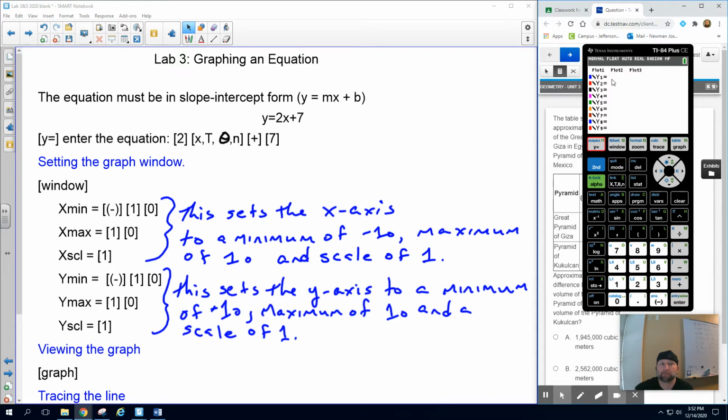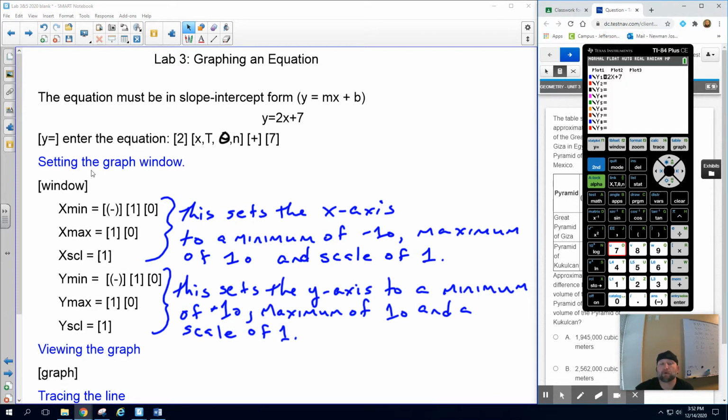Now to input the equation, you're not going to have to hit y, it's already there, so you just enter the equation. That would be pressing the 2 button, and then the variable button, which is x, t, theta, and n, then plus, and 7. Once you input this, you have your equation.